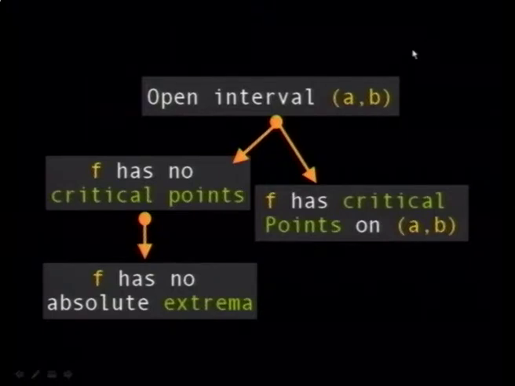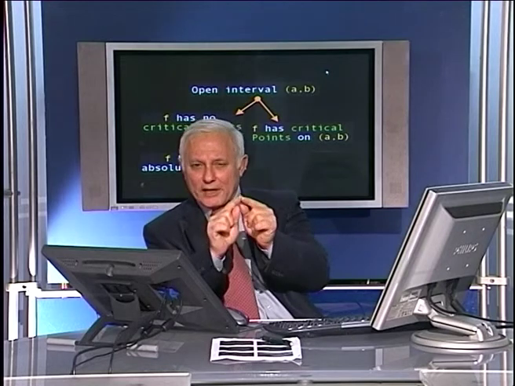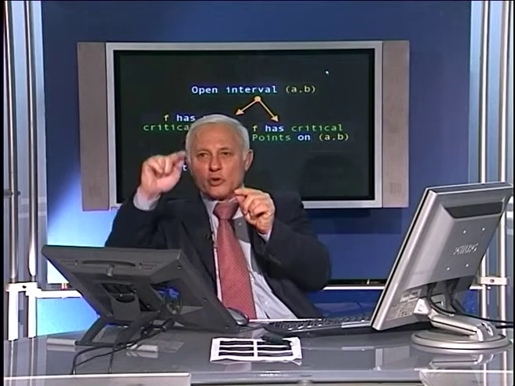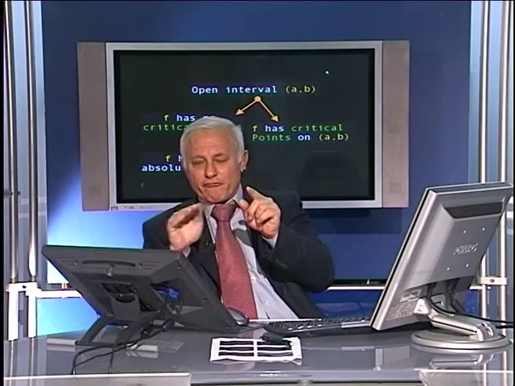But if the function has critical points on (A, B), then the problem is that the function may go without bound. It may have an asymptote, for example, because it's on an open interval. But then the local extrema constitute one point at which you have to check. For example, you may have a local maximum, but the function then goes to infinity. So you take the limit from the left-hand side at B or from the right-hand side at A, and compare them with these local extrema.